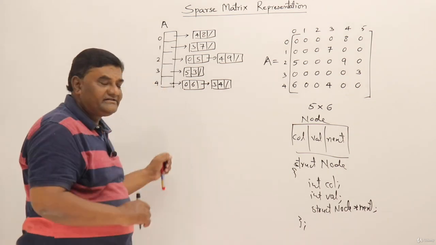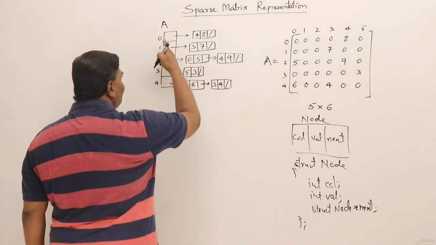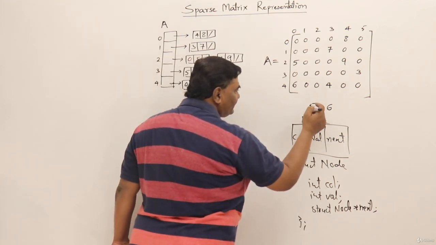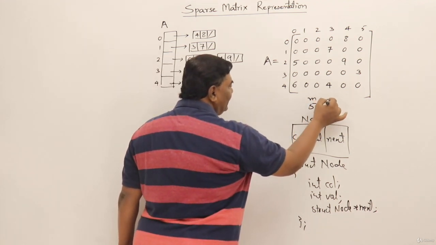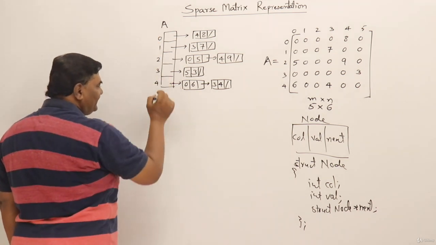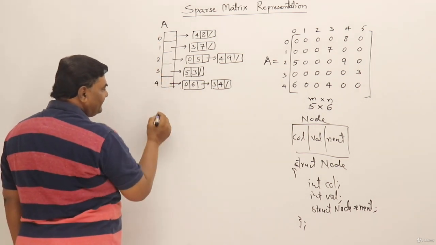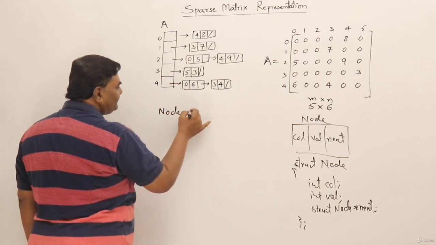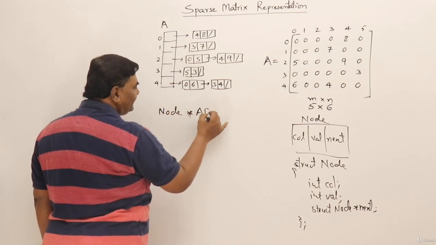Now how to create this structure? For creating this structure, I need an array of number of rows size. If this is m cross n, then I should have an array of size m. So let me create this array of size m. The array is of type node pointers, A of size m.